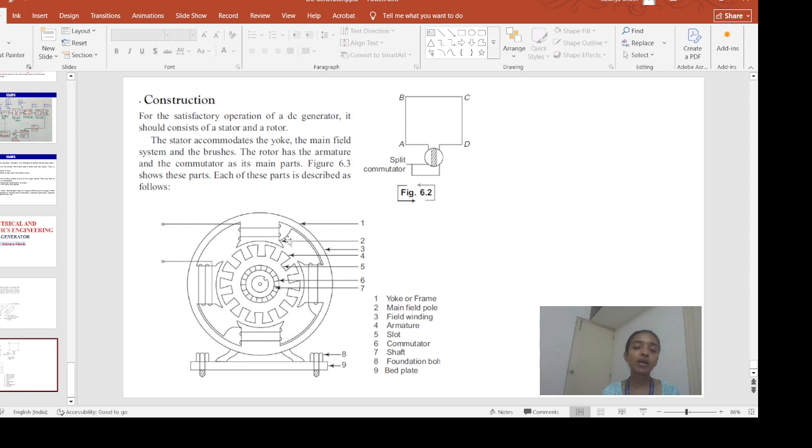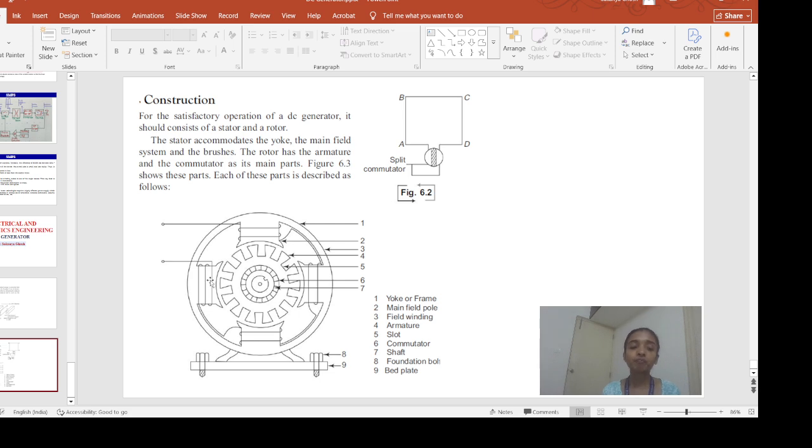Now, field windings are there on each of these field poles. When DC current passes through these field windings, these field poles will get energized and magnetized. Basically, these field poles work as permanent magnets.